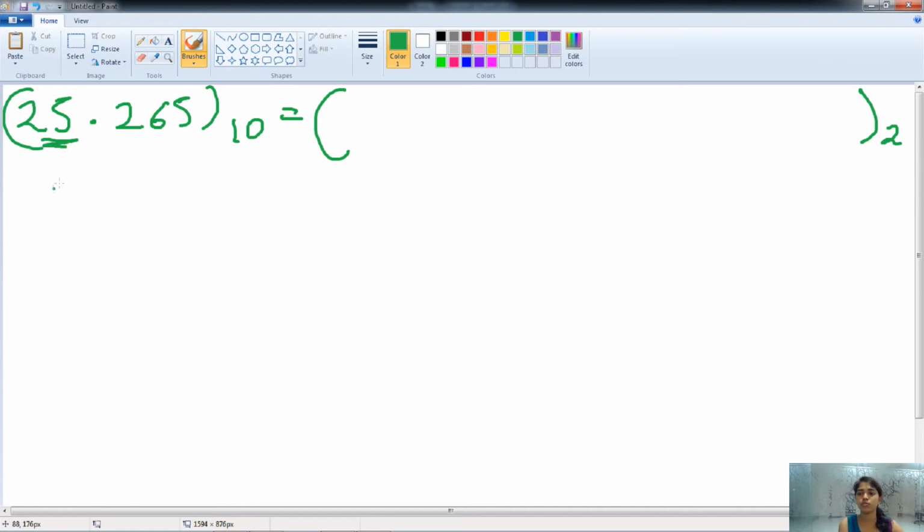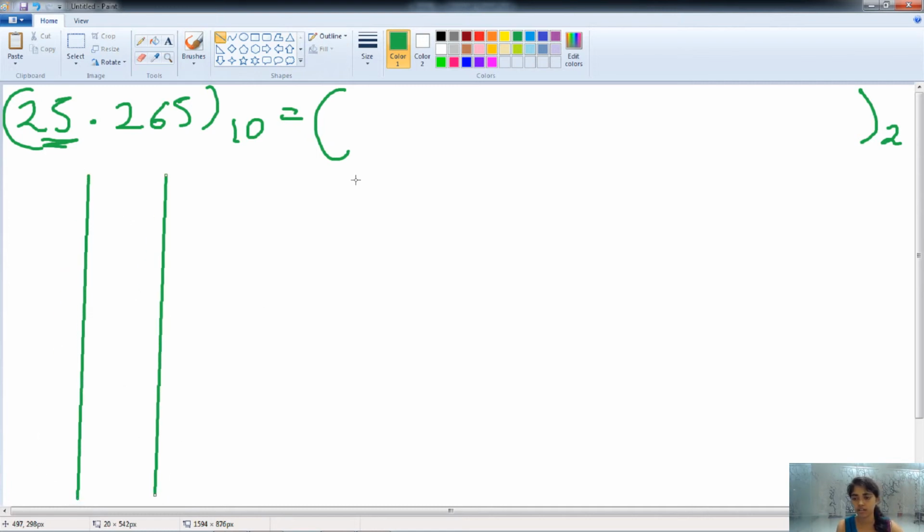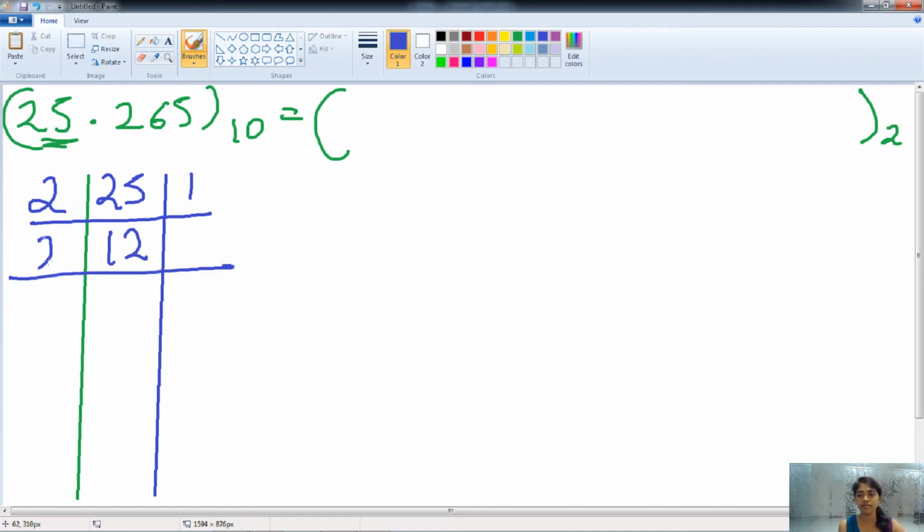First of all, let's get over with this 25. We will write 25 here and divide it by 2. So 2 12s are 24, so you will get 1 as remainder.